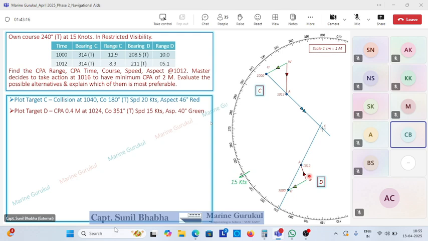Now, how should we evaluate the action? Which target shall we take to evaluate the action? Should it be target Charlie or target Delta? Now, if you have a look at the CPA of both the targets, that is indicating a collision with target Charlie, and with target Delta, the CPA is very small, that is 0.4 miles. So there is no major difference in the CPA.